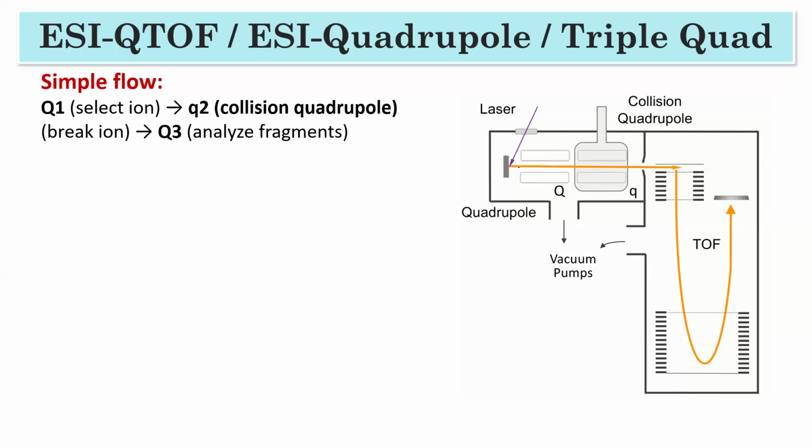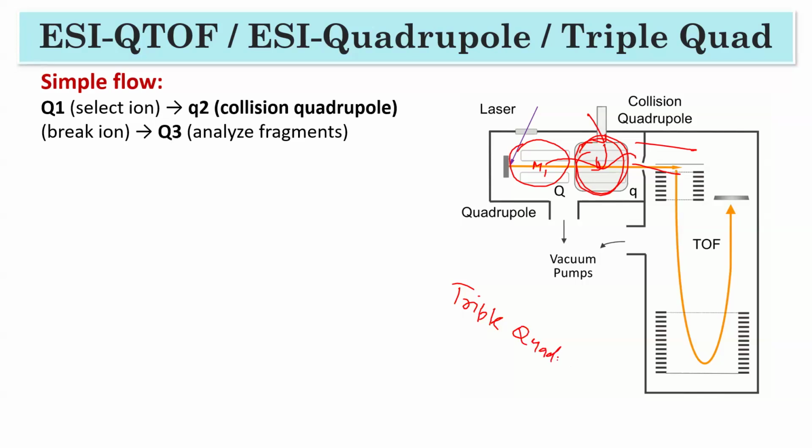So in the first quadrupole, we select one ion and send it to another quadrupole. It comes here, and the gas which is coming will hit it, so it will fragment. After fragmentation, if you have one more quadrupole, it will be called a triple quadrupole.